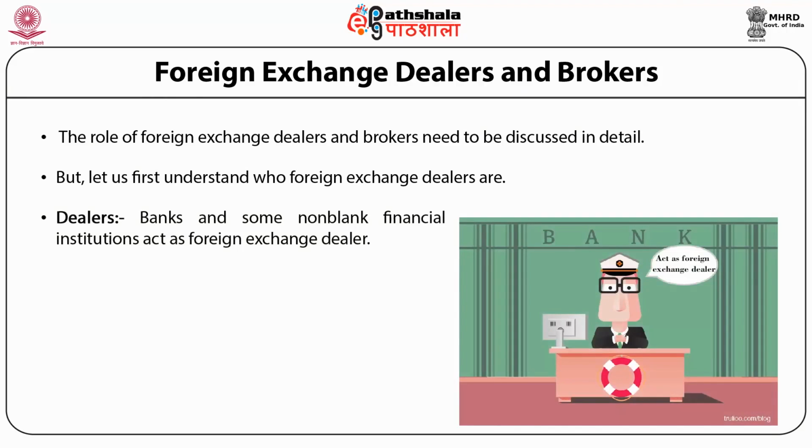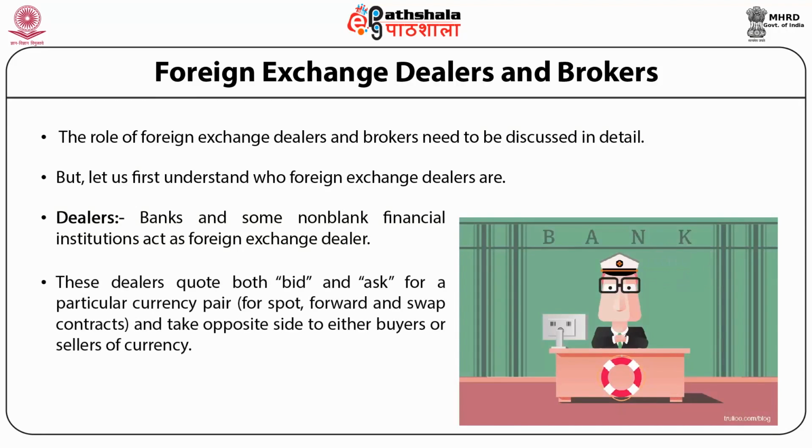But let us first understand who foreign exchange dealers are. Dealers are the banks and some non-bank financial institutions which act as foreign exchange dealers. These dealers quote both bid and ask for a particular currency pair, that is for spot, forward and swap contracts, and take the opposite side to either buyers or sellers of currency.